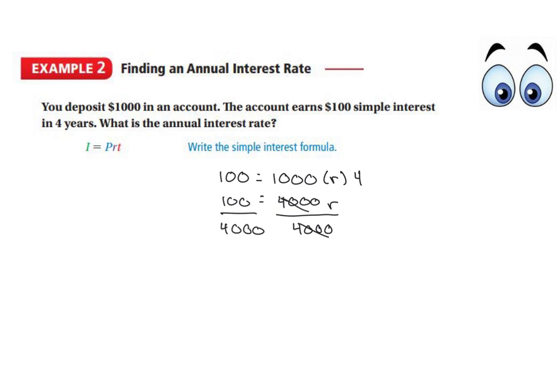And 100 divided by 4,000 will give me my simple interest. R equals 0.025. That is as a decimal. So now move your decimal point 2 places to the right. R equals 2.5%.